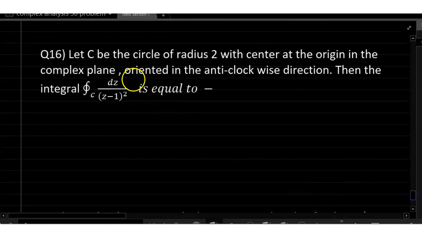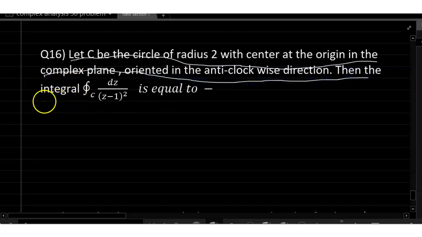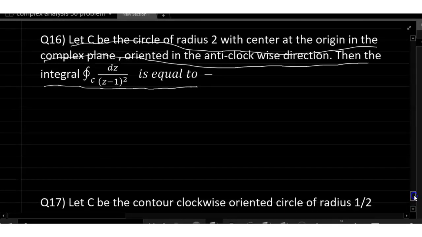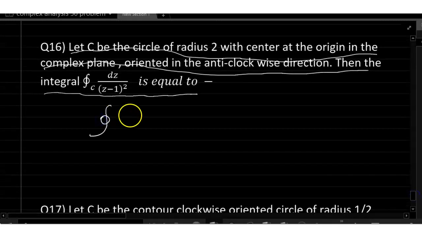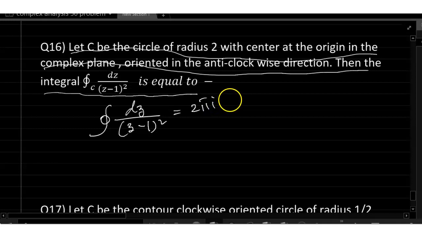Next problem, friends. Let C be the circle of radius 2 centered at the origin, oriented anti-clockwise, then the integral of z divided by z minus 1 whole square is equal to what? I have to find out the integration, which is 2 pi i times f dash 1.